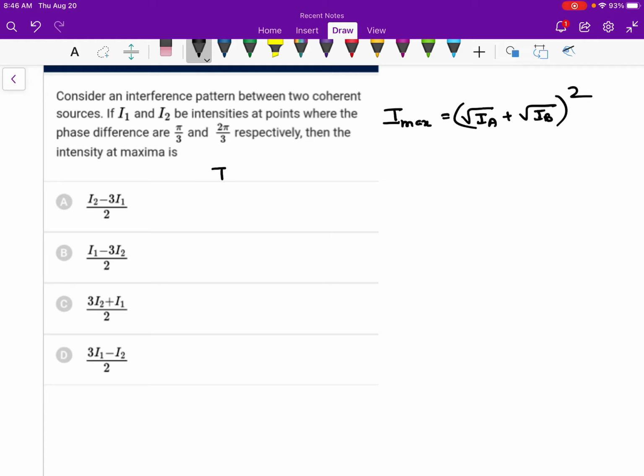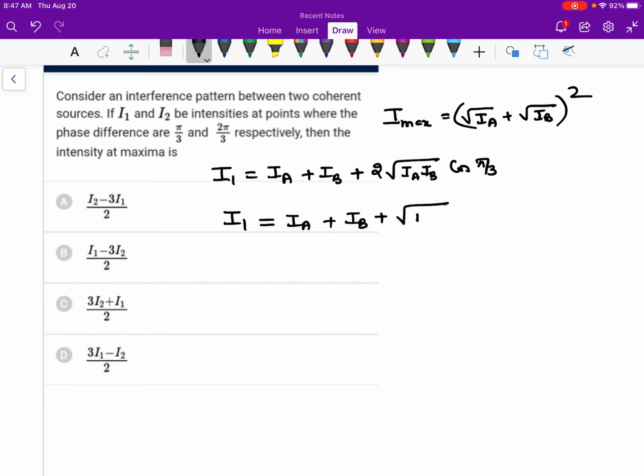So let's form the equation. I1 is IA plus IB plus 2 root IA IB cos of pi by 3, which is plus half. So this is I1 equals IA plus IB plus root IA IB.